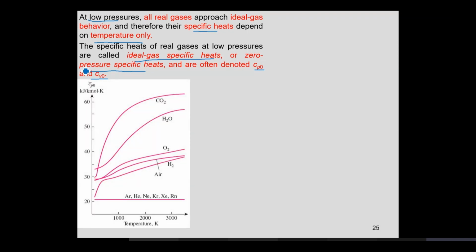For real gases, the specific heats are defined as ideal gas specific heats or zero pressure specific heats, Cp naught and Cv naught. Here's the relationship of temperature versus the ideal gas specific heat at constant volume for real gases, and this is a function of temperature only.